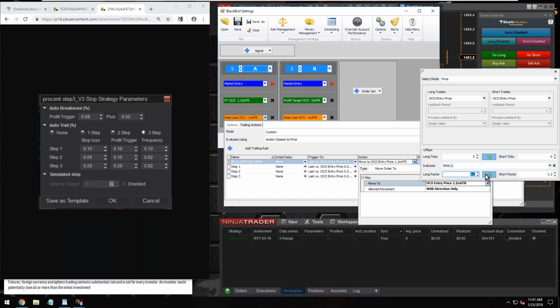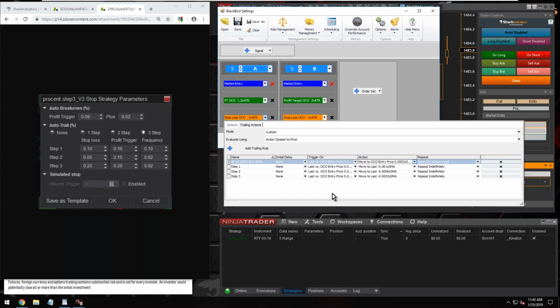And since this is a break even, so break even with a positive number, we actually want to put a positive value in the long factor here. There you go, 0.0002.